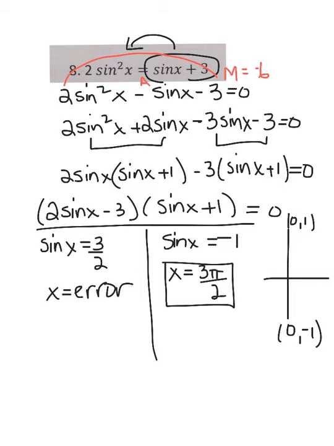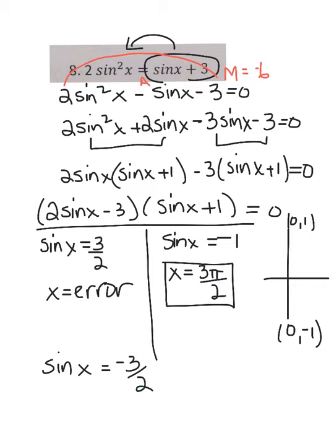Here's the deal. When you have sine or cosine, you can never have a sine or a cosine that's bigger than 1. And this is bigger than 1. Okay? Likewise, not that we have that in this particular example, but if I had something like this, now that's not bigger than 1, but it's less than negative 1.